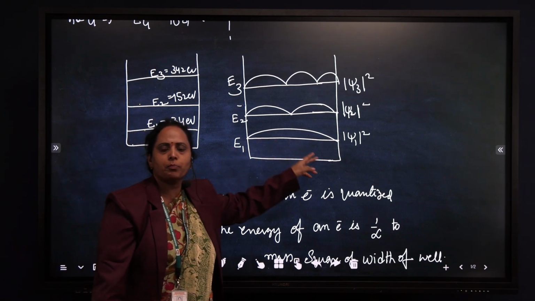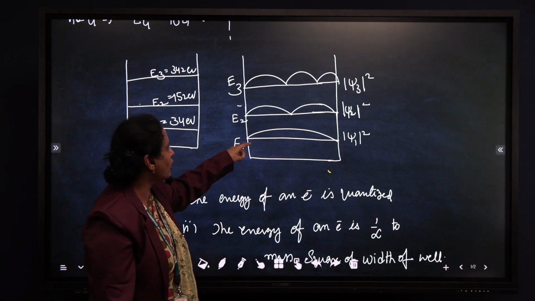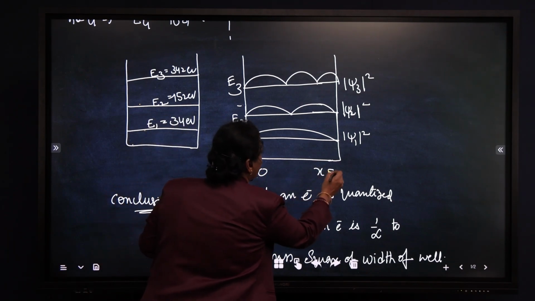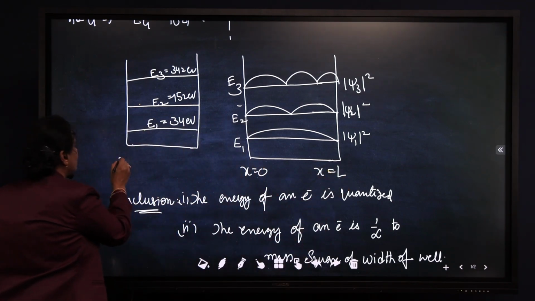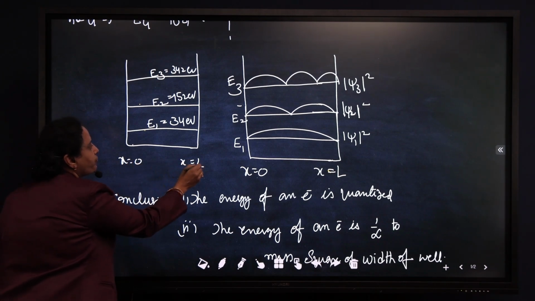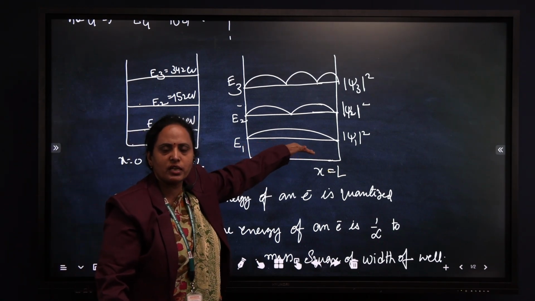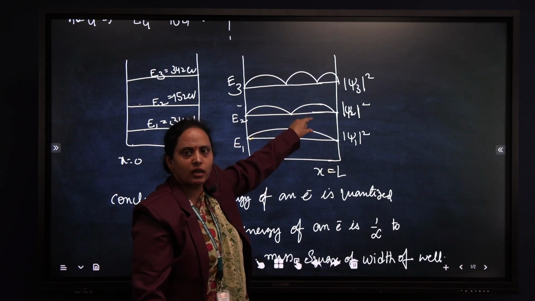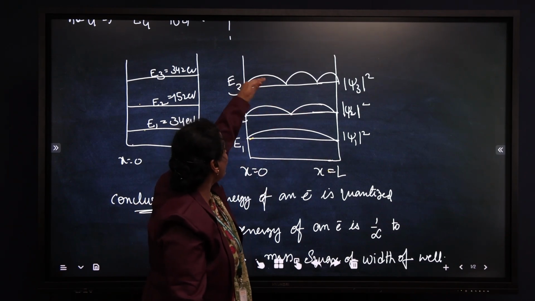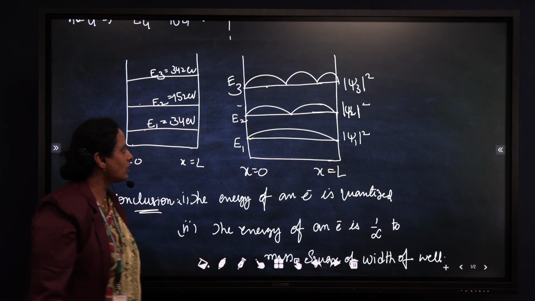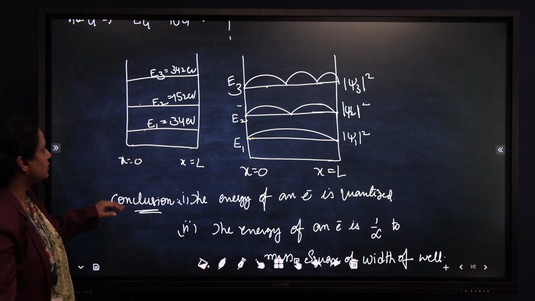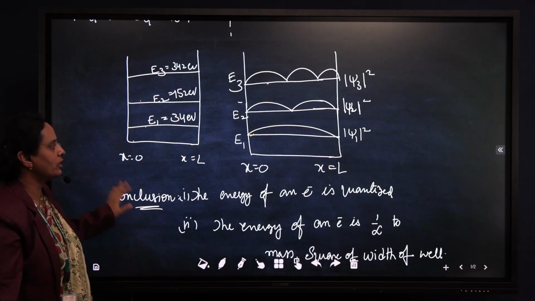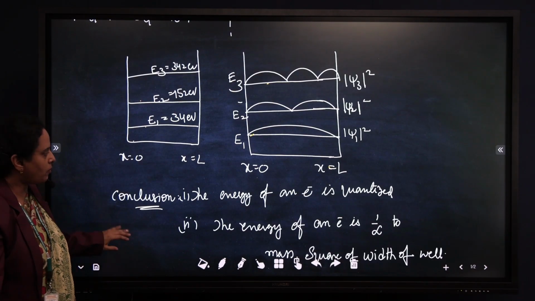The corresponding wave functions of an electron in a one dimensional potential box are given from x equals 0 to x equals L. The wave function in the first energy level is this motion of an electron, in the second energy level this is the motion, and in the third energy level this is the motion of an electron.